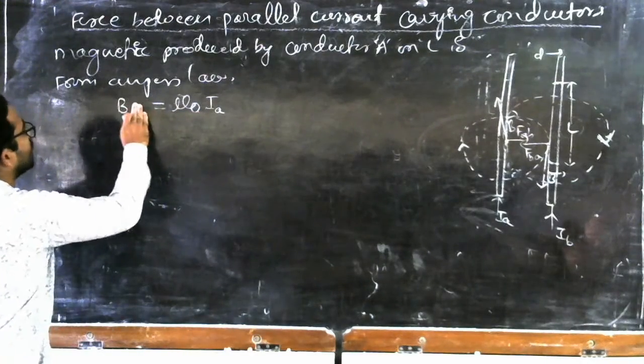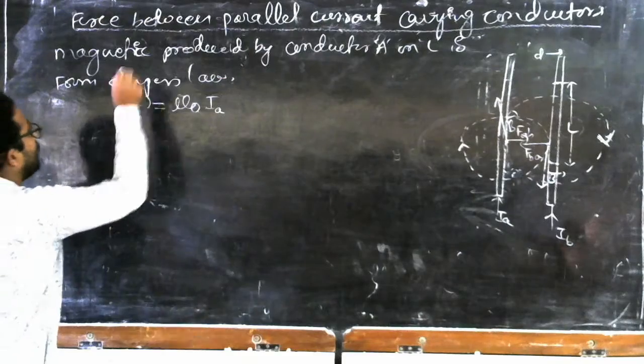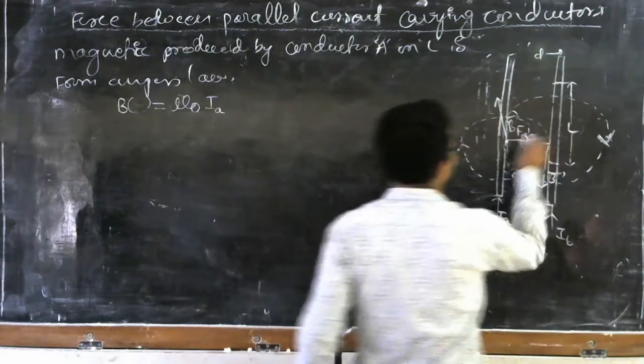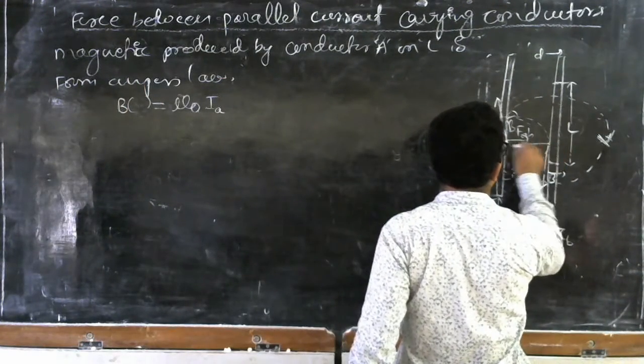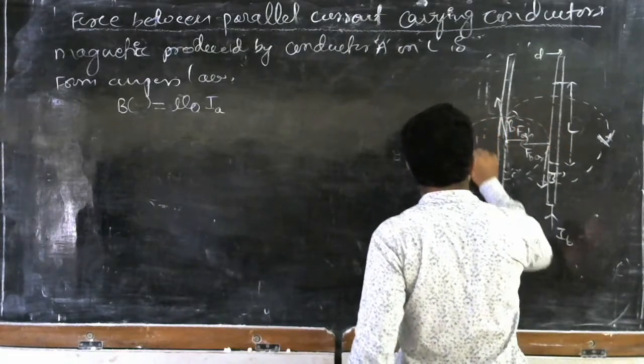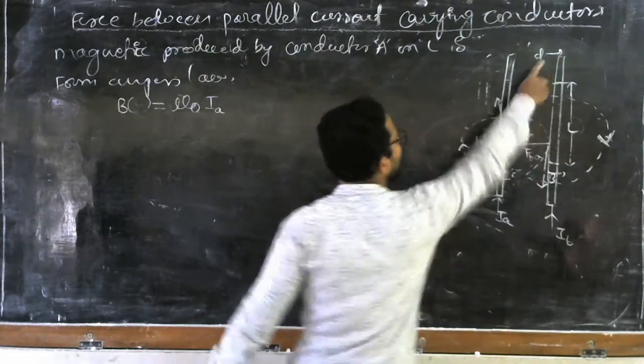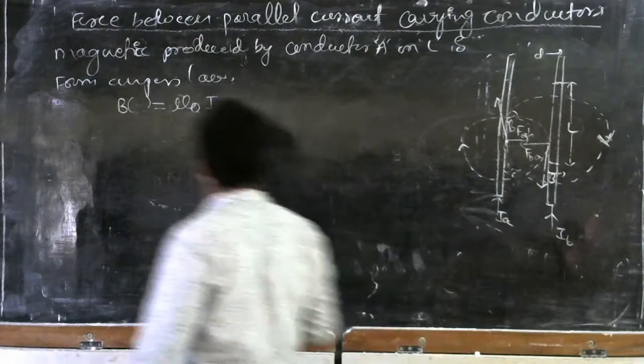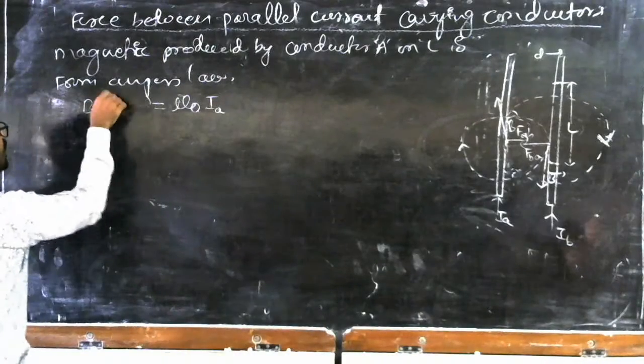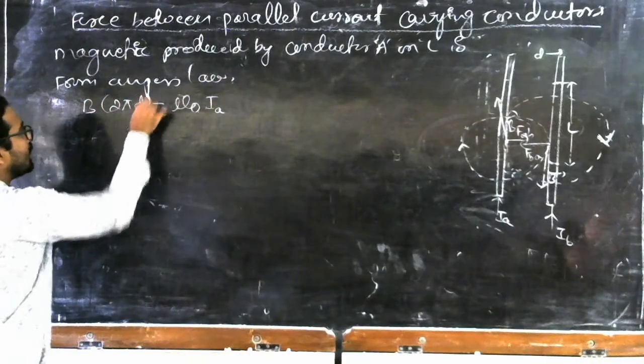Sorry, this is the Ampere loop you have to take here. The length of this Ampere loop is 2 pi d, where d is the distance from the center. So here I have to write B times 2 pi d.